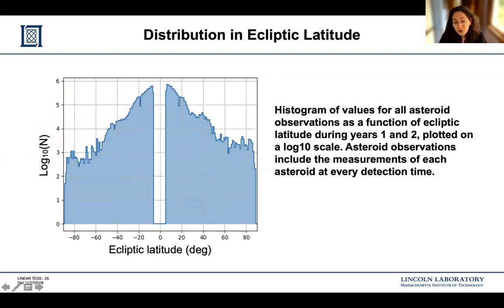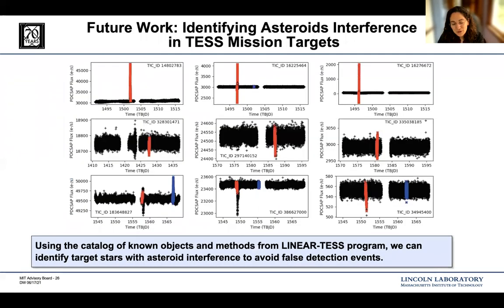So for our program, we are interested, of course, in finding the moving objects. I know a lot of people using TESS data are interested in looking at, for example, light curves of stars, and asteroids interfering with those light curves would be a problem.